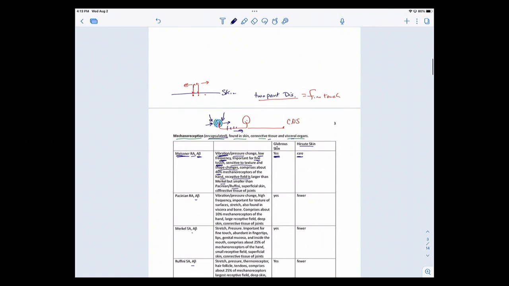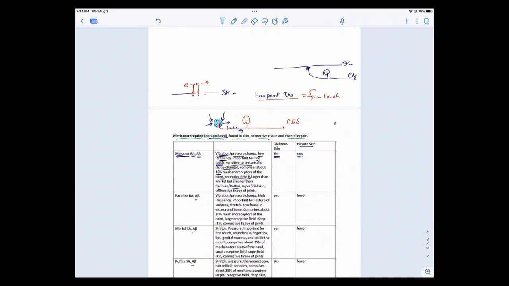Okay, so let's go back up and do another example here for skin. Suppose this is skin, and suppose I have a neuron here that has some type of encapsulated organ. The neuron, there's my pseudounipolar, goes to the central nervous system.